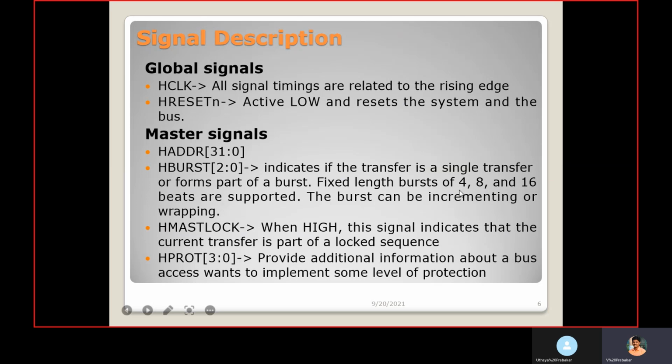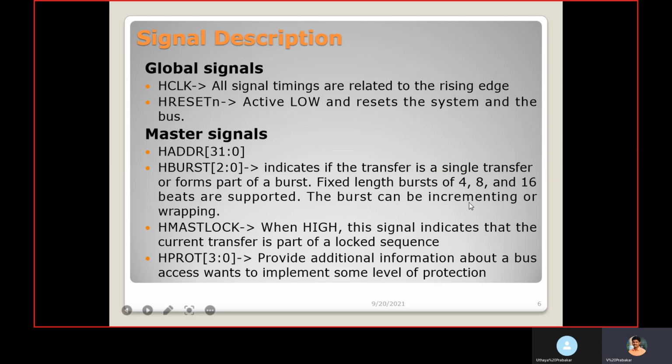The burst can be incrementing or wrapping. A burst is the number of beats, or the number of transfers, we can perform. Based on the value, it can perform a fixed length burst like 4 beats, 8 beats or 16 beats.